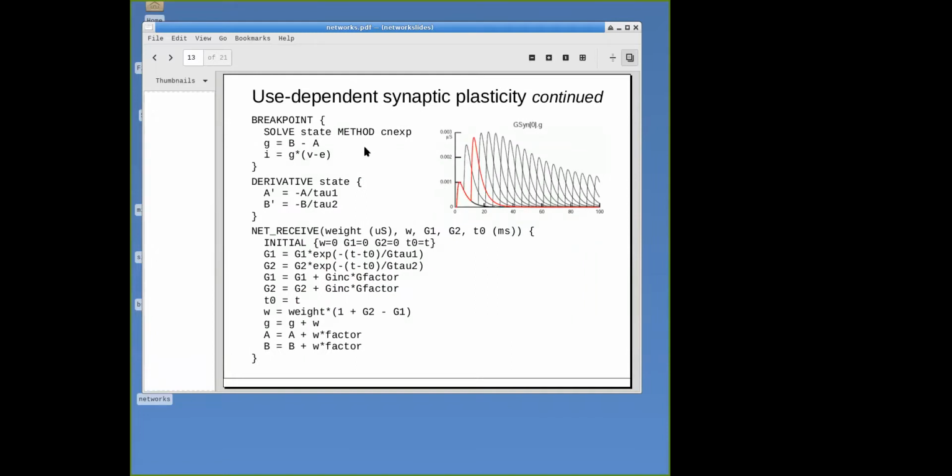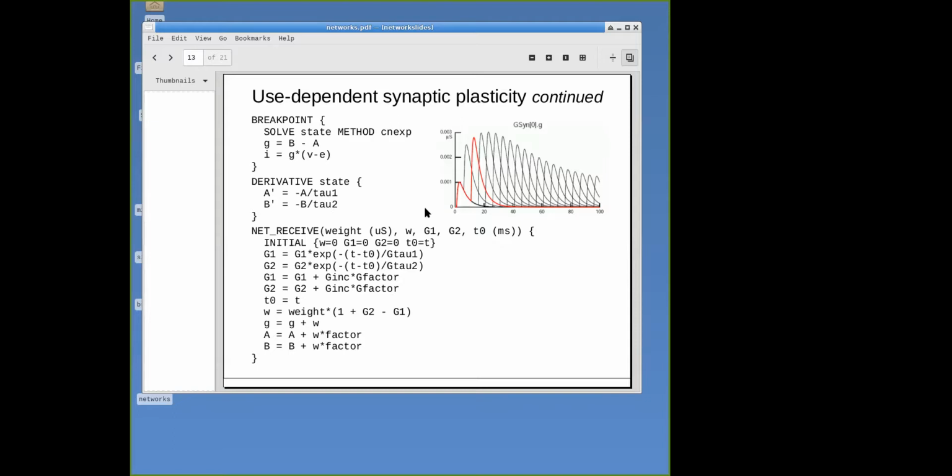Well, let's take a look at the stuff we're familiar with. We'll look at our breakpoint block, and we see that the time course of conductance is calculated as the difference between two state variables. Each of these state variables is governed by a differential equation that has a different time constant.